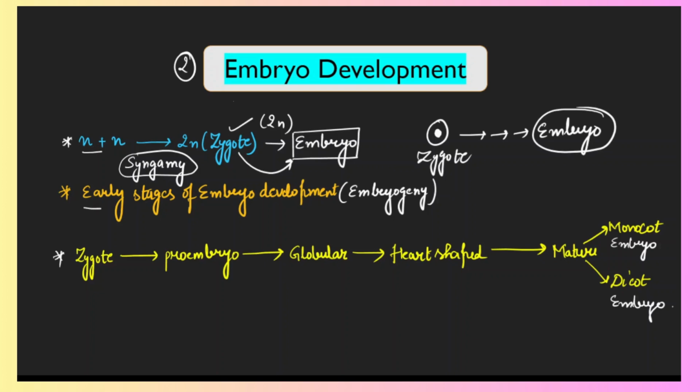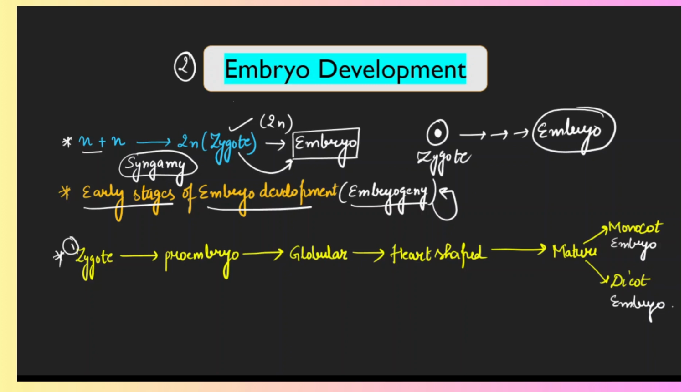For the early stages of the embryo development, we use the term embryogeny. Embryogeny means the different earlier development stages of the embryo. Under embryogeny, we have different stages.